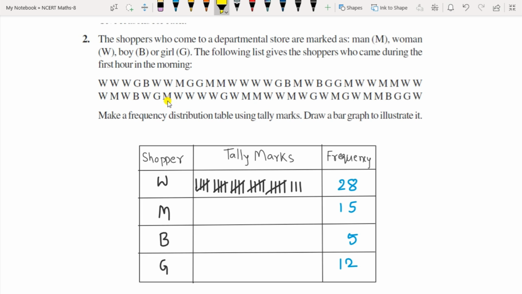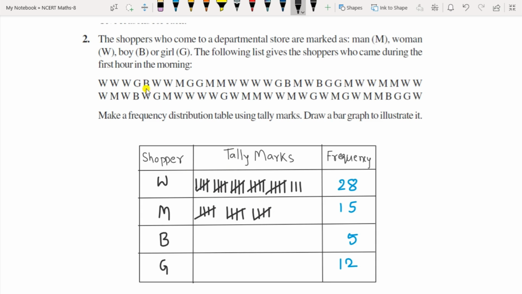Okay, so there are total 15 M. So 15 means, let us mark it: 1, 2, 3, 4, 5, 6, 7, 8, 9, 10, 11, 12, 13, 14, 15. So this way we have to mark.